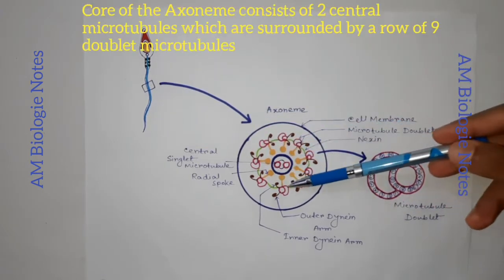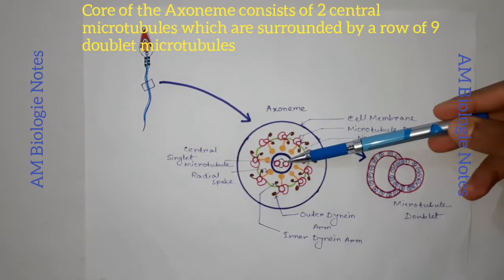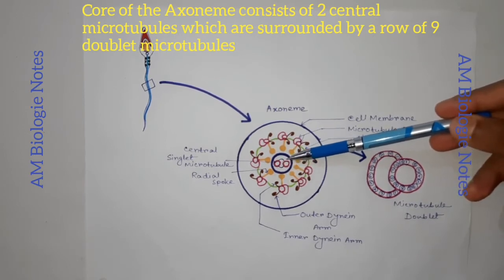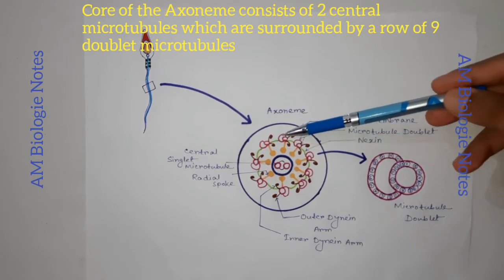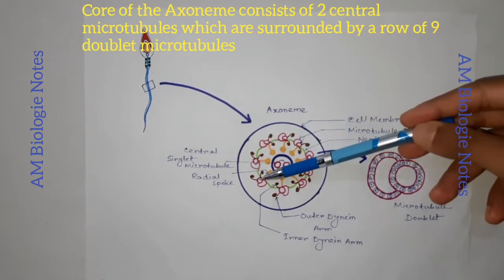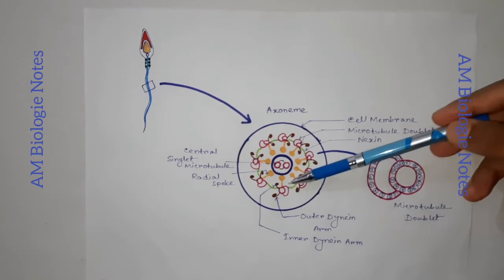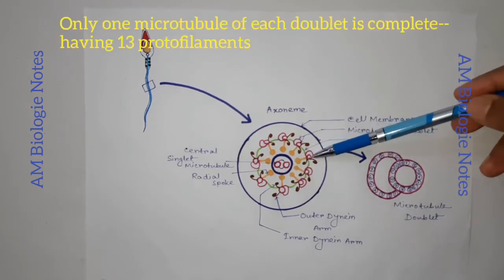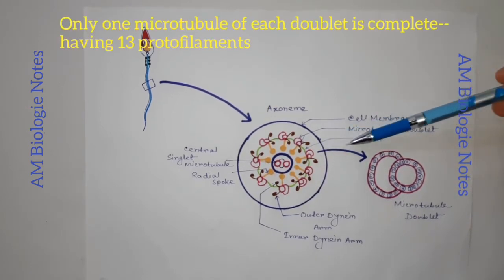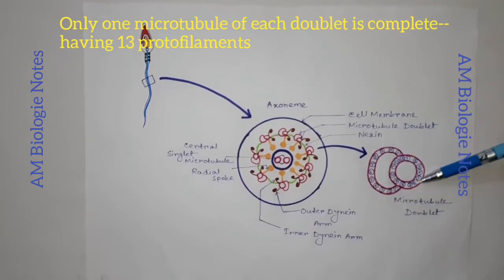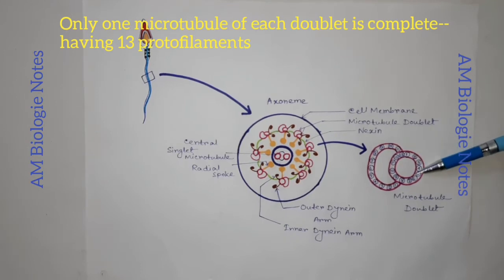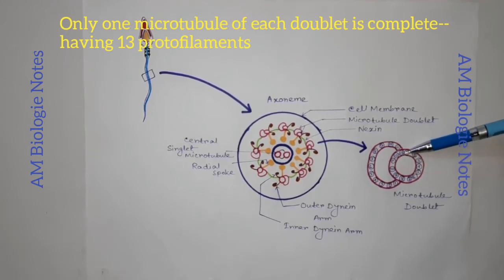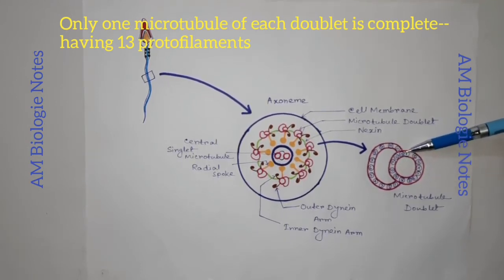The core of the axoneme consists of two central microtubules, which are surrounded by a row of 9 doublet microtubules. If we take a closer look at these doublet microtubules, you will find only one microtubule of each doublet is complete, having 13 protofilaments.